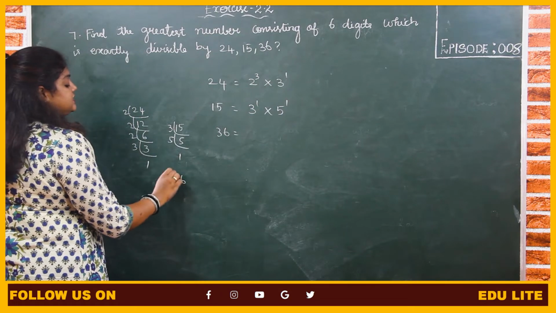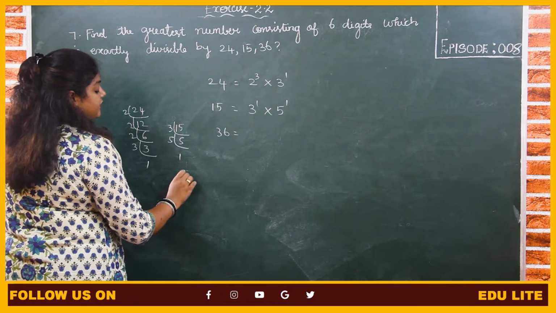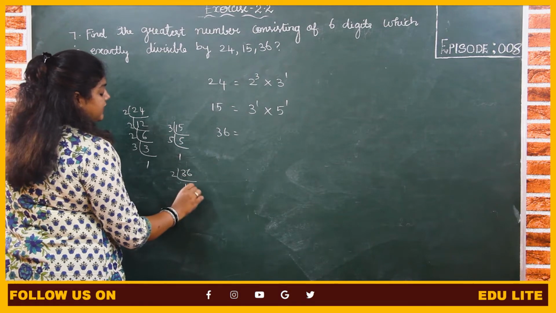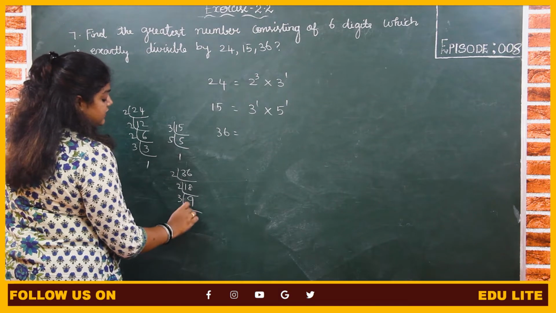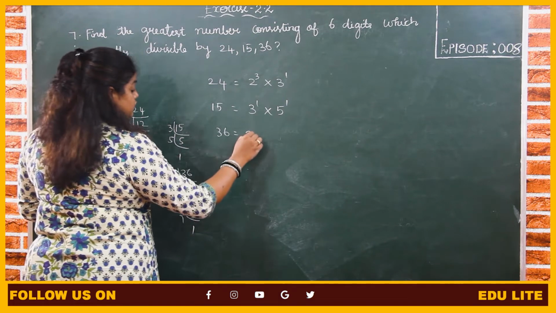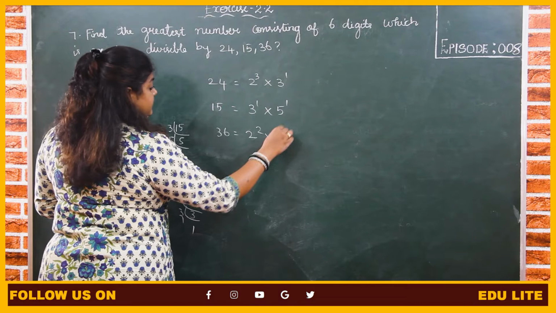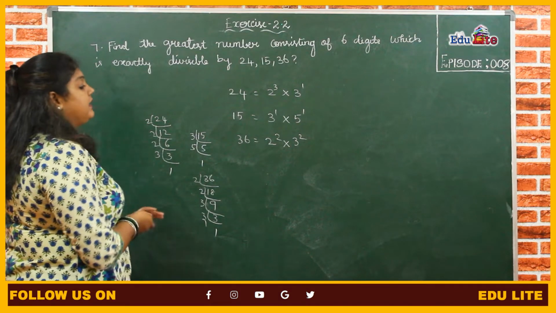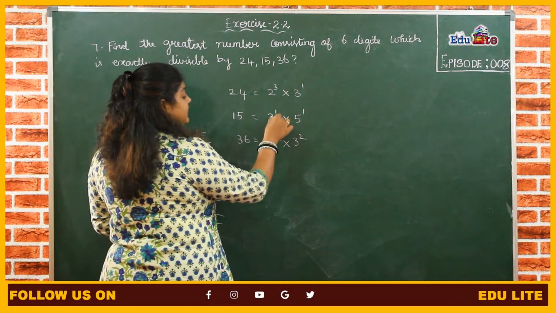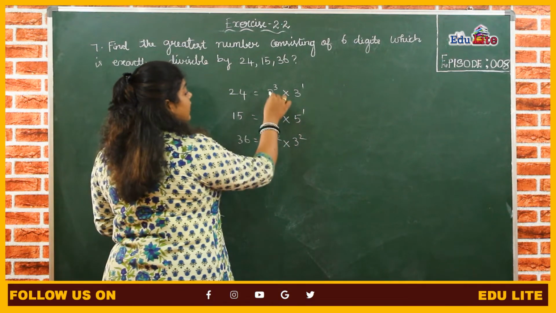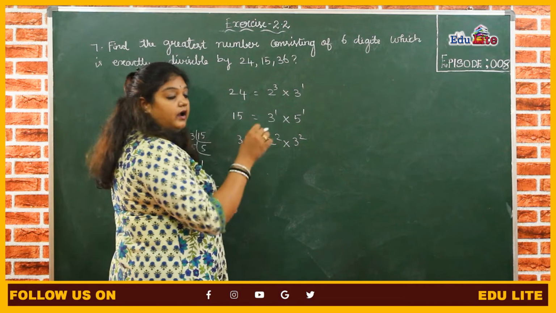Next for 36 it is 2 times 18, 2 times 9, 3 times 3, 3 times 1. So 2 squared into 3 squared. As I told you in the last problem itself, to find the LCM, we have to consider the greatest exponent among these three for all the factors.